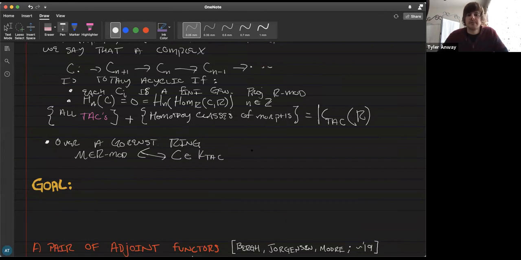And this is via a complete resolution. It's not terribly important that we know what a complete resolution is.